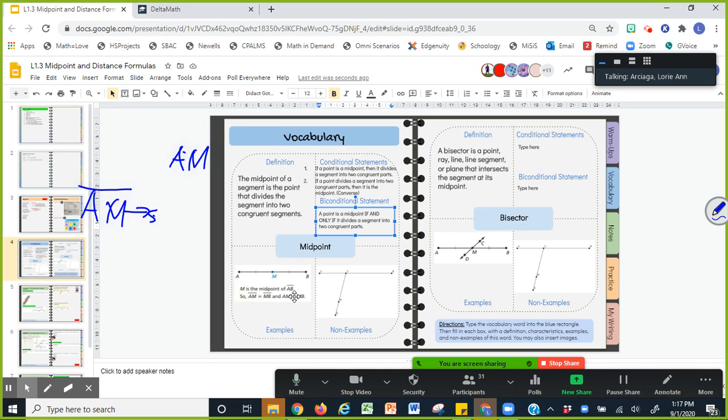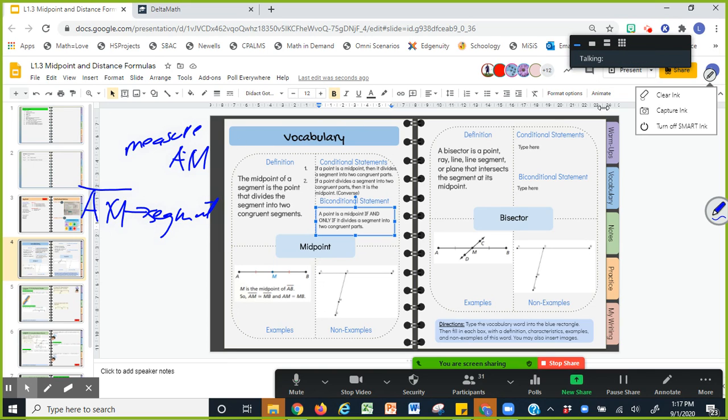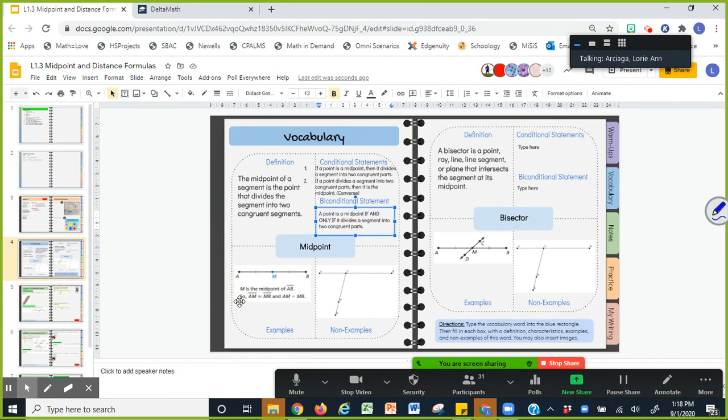This is referring to the segment, while this is referring to the measure. So in the example, if M is the midpoint, then segment AM is congruent to segment MB. We'll see how to use that in computations later on.